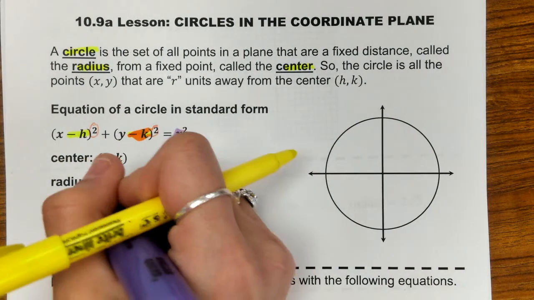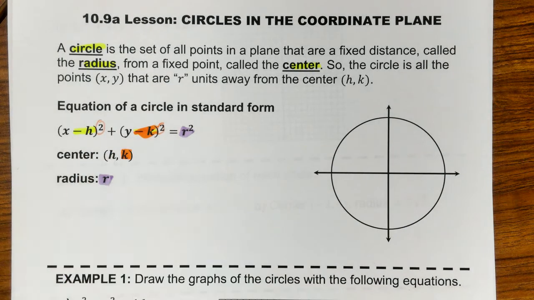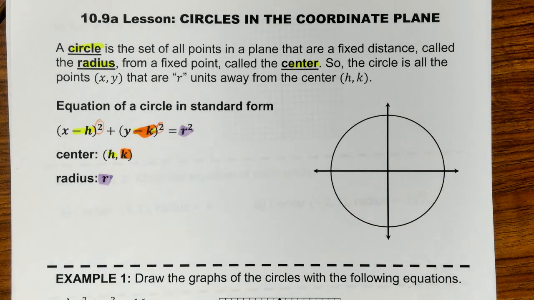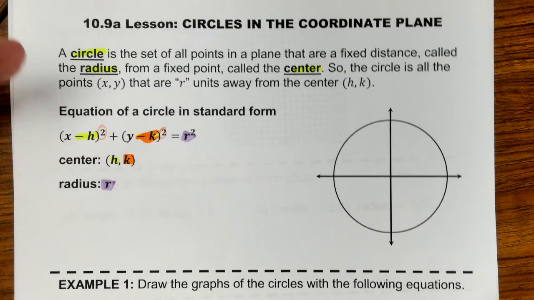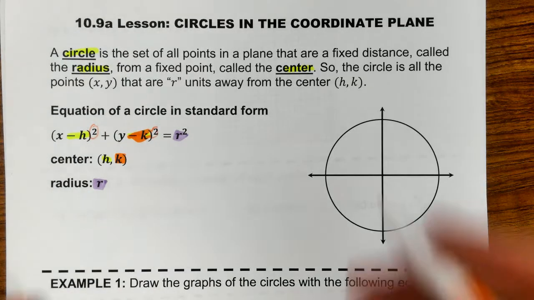Here are your letters. Your r, we all know, is radius. K is the y coordinate, and h is going to be the x coordinate. So we take a look at the little circle and coordinate grid picture over here. What this wording up here is saying is that you're going to have a center right here.